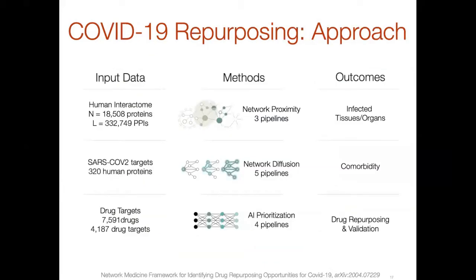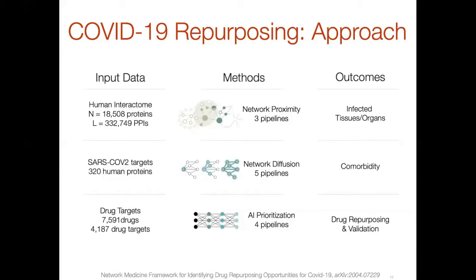The approach that we used consisted of a number of different models, and here I'm just outlining it at a very high level. We considered approaches based on characterizing proximity or closeness between drug and disease subgraphs, so between the COVID-19 module and subgraphs of many other diseases, by characterizing that proximity through various network medicine metrics.